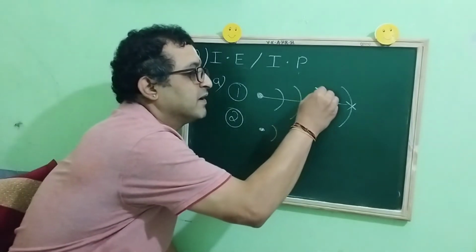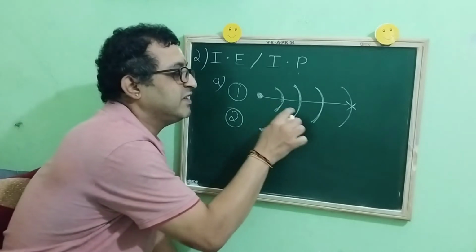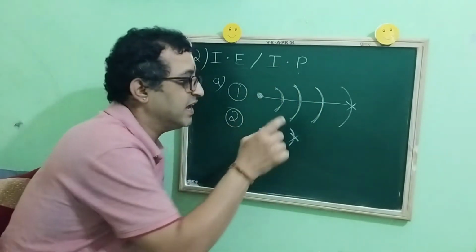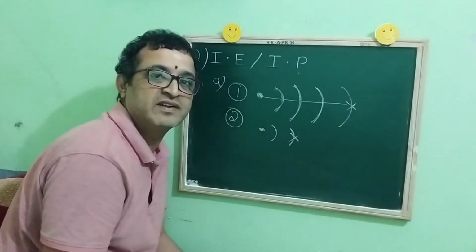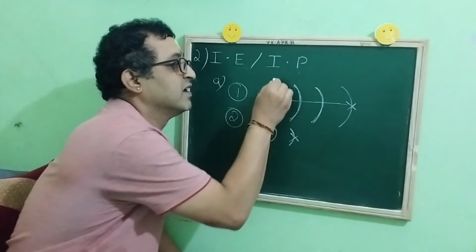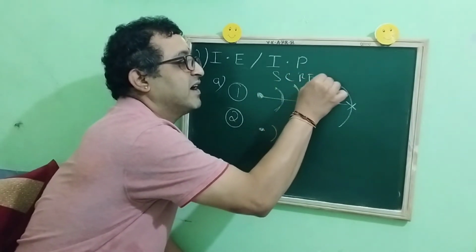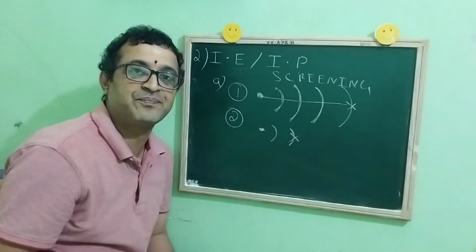See, the electrons present in these shells will act as a barrier or a screen between the nucleus and the outermost shell containing electrons. The effect caused by these, we call it as what effect, children? I think we have already discussed this one. It is the screening effect.